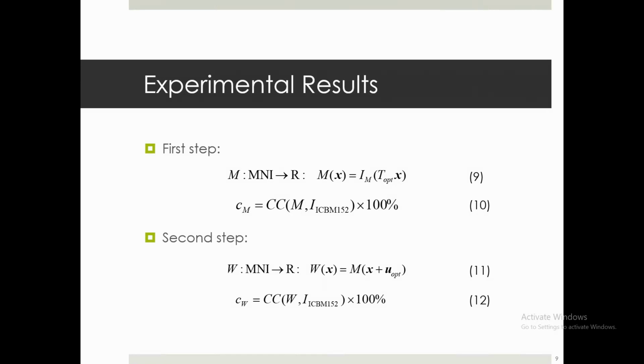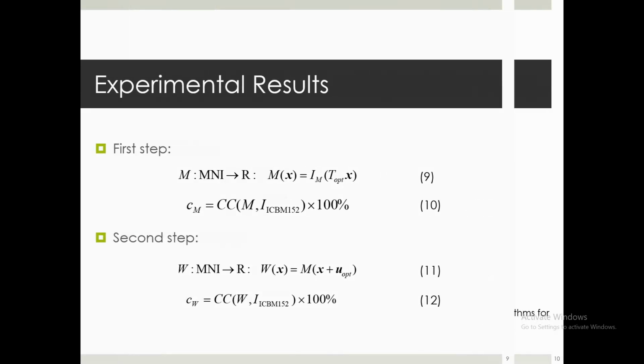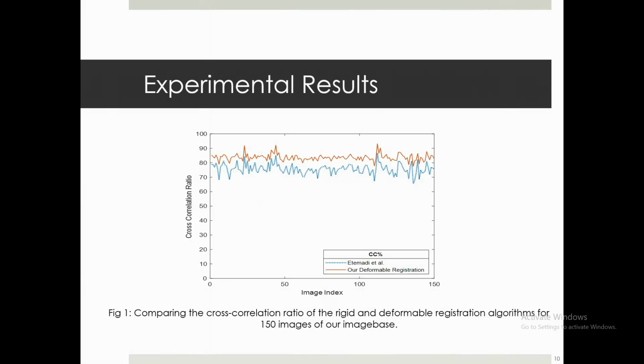To evaluate the registration performance, the cross-correlation ratio between W and ICBM 152 was computed by equation 12. Obviously, the proposed deformable registration algorithm provided effective results if and only if CW is greater than CM.